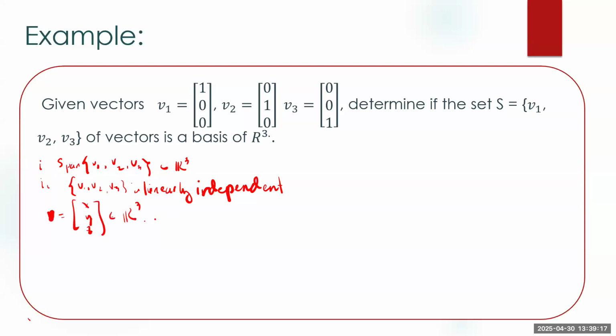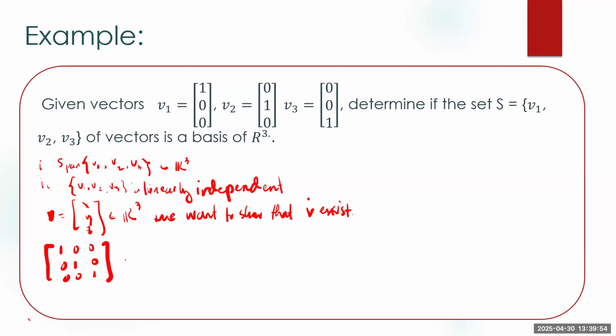We want to show that the vector V exists. What we're going to do is get the determinant of the augmented matrix. You're going to augment V1, V2, and V3. This is the look: you have 1, 0, 0, 0, 1, 0, 0, 0, 1.